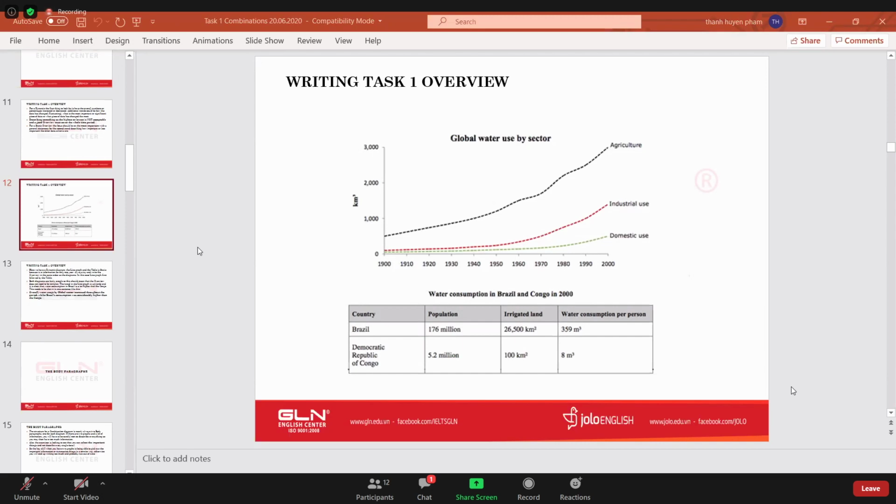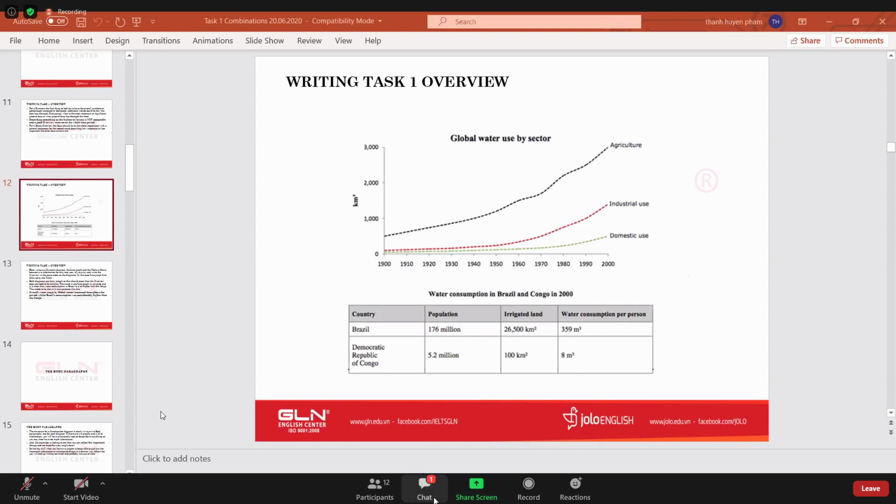And when we look at the table, well, we can see there are really big differences between Brazil and the Congo. So we've got a population difference of 176 million and 5.2 million.